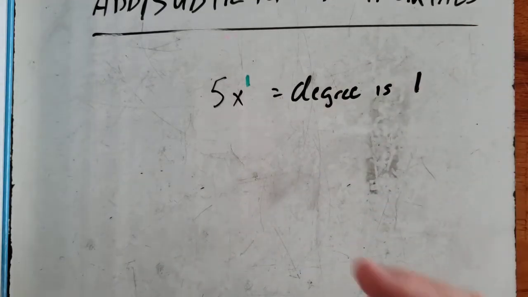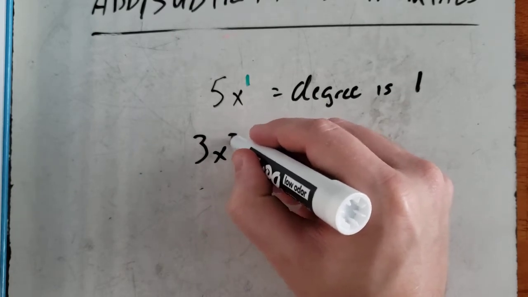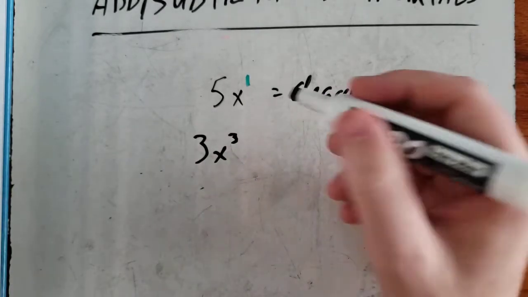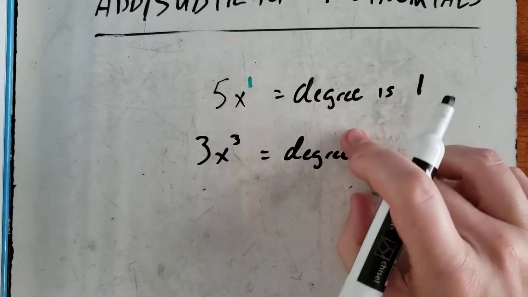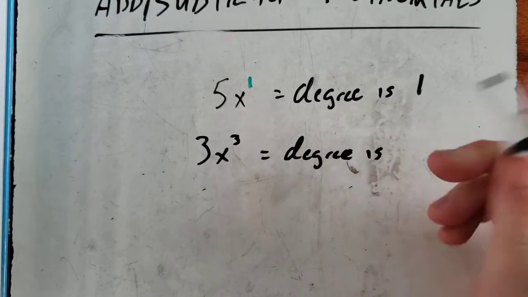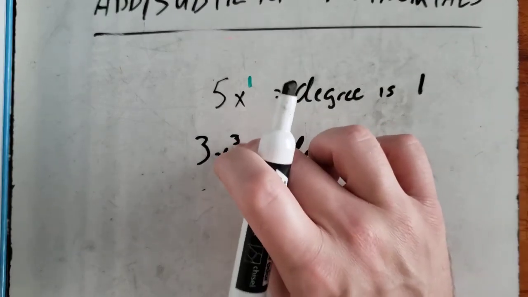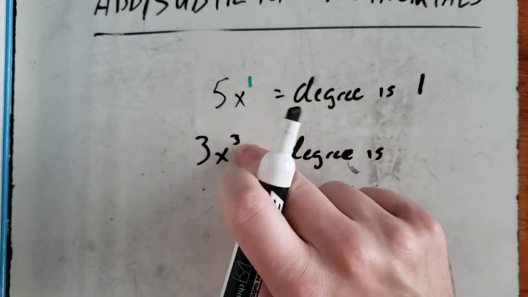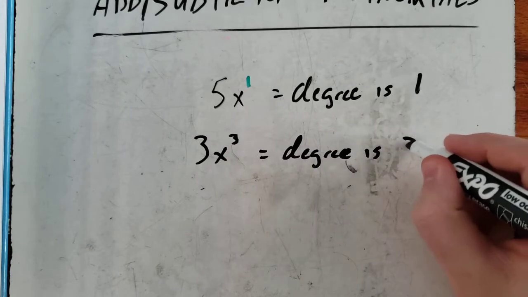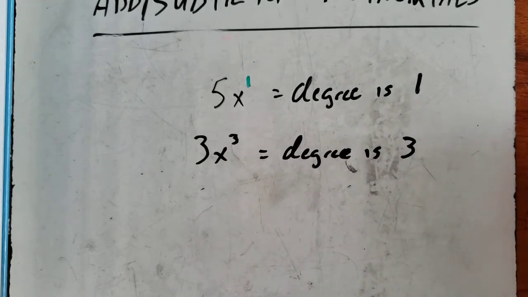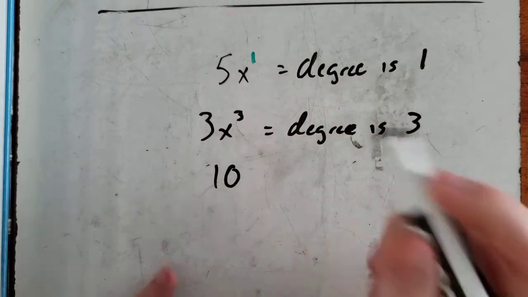It's really that simple. What if you have 3x to the third? What's your degree there? Remember, you only look at the exponents attached to the letter. So if the exponent is 3 and that's the only letter you have here, then your degree is 3. Now what about if you just have a number, let's say 10?